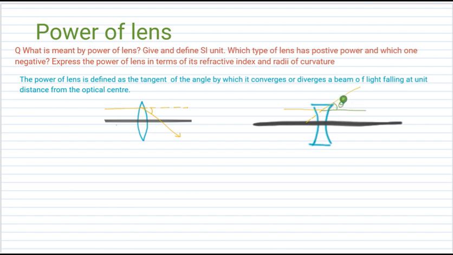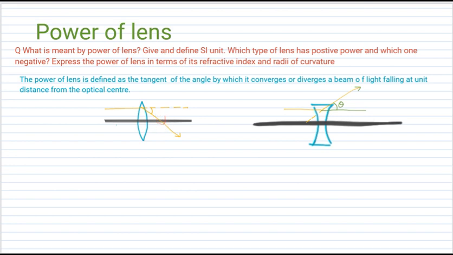So this is the yellow line. Consider this line. This is the tangent of the angle by which it converges. That means it moves towards a particular point.